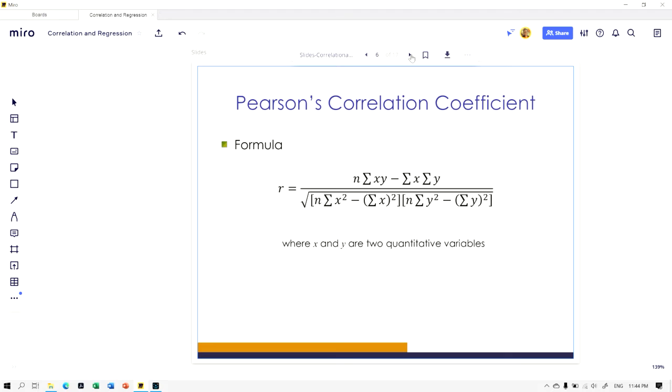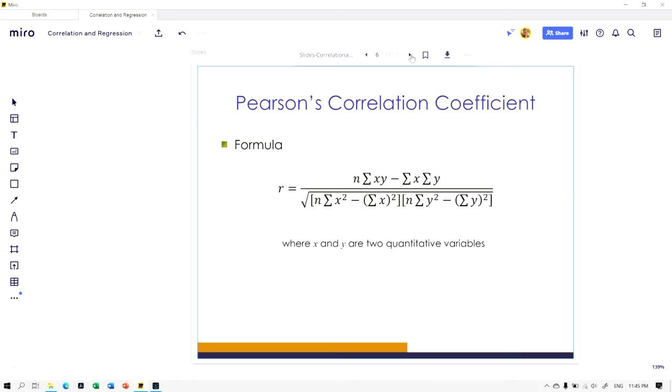R is given by this formula: n times the summation of xy minus the sum of x multiplied with the sum of y, divided by the square root of n times the sum of x squared minus the square of the sum of x, multiplied with n times the sum of y squared minus the square of the sum of y, where x and y are two quantitative variables.